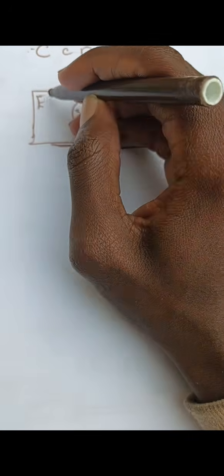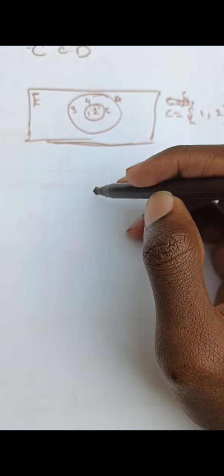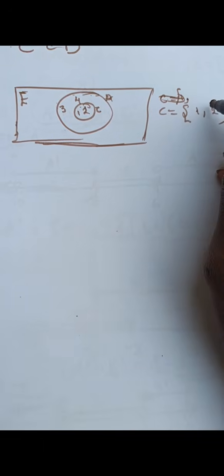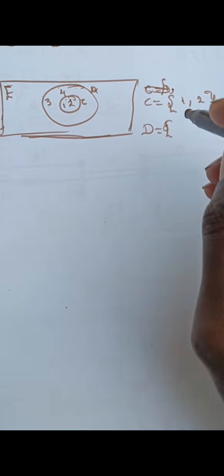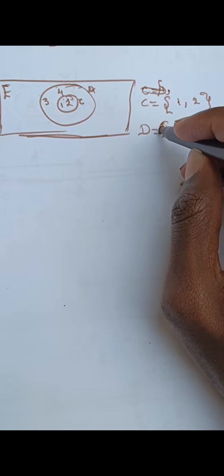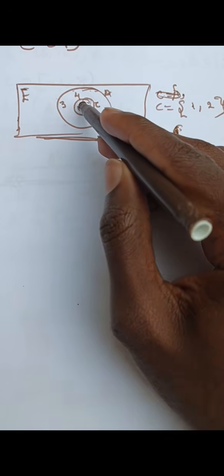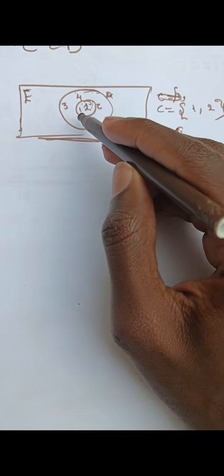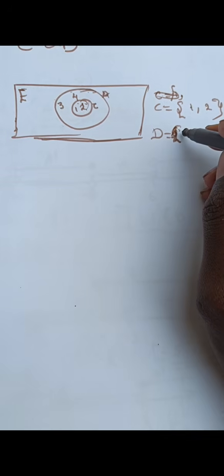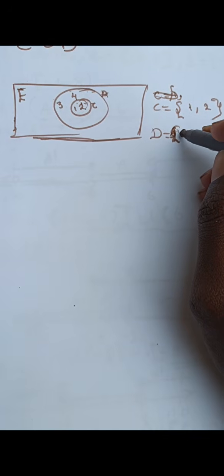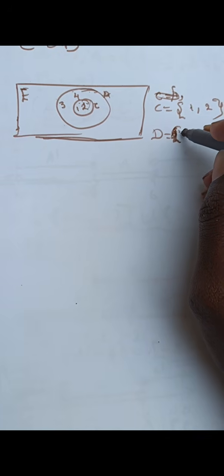What if I ask you the elements of D, which ones are the correct elements? For the fact that C is a subset of D, it means that whatever is in C is also belonging to D. So we won't just say 3, 4. No, since it has a subset, we'll start from 1, 2, 3, 4.